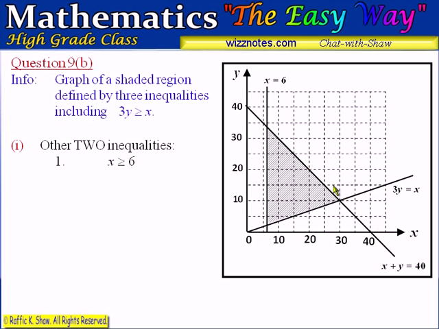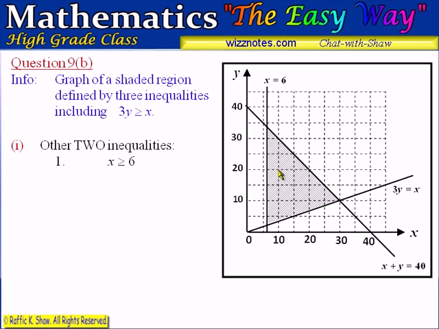And then in this case, this second line is x plus y equals 40. That's the equation of this line. Again, this line is unbroken and is therefore a part of the required region. And so points on this line are valid. So x plus y equals 40 is a part of the inequality. And then the shaded region is below the line.